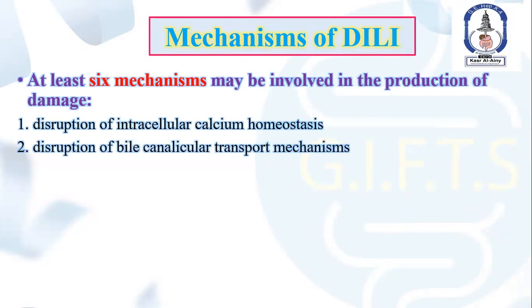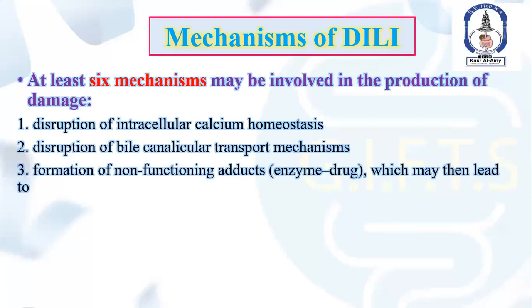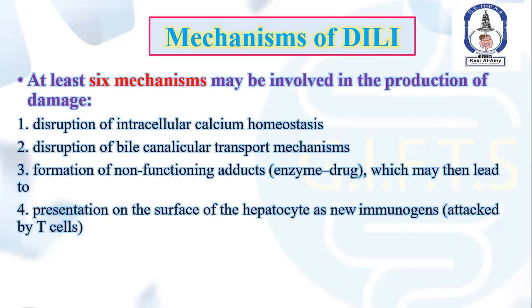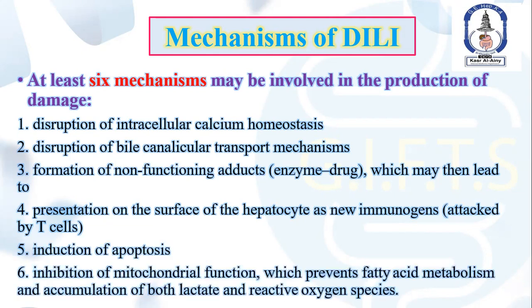Another is disruption of bile canalicular transport mechanisms, similar to what happens in metabolic liver disorders. Another is formation of non-functioning adducts, like enzyme-drug adducts, which may then be presented on the surface of the hepatocyte as a new immunogen, meaning it is going to be attacked by T lymphocytes. Then there is induction of apoptosis, which is programmed cell death, or inhibition of mitochondrial function, which prevents fatty acid metabolism and causes accumulation of both lactate and reactive oxygen species, or ROS.